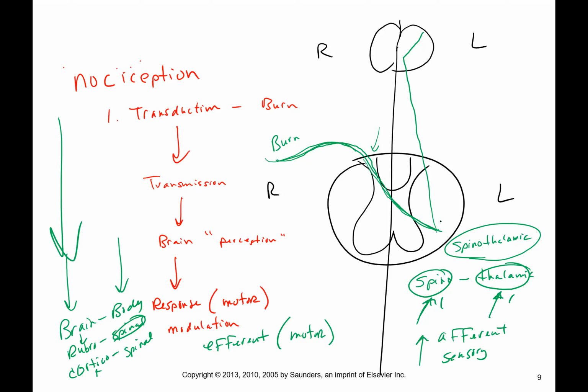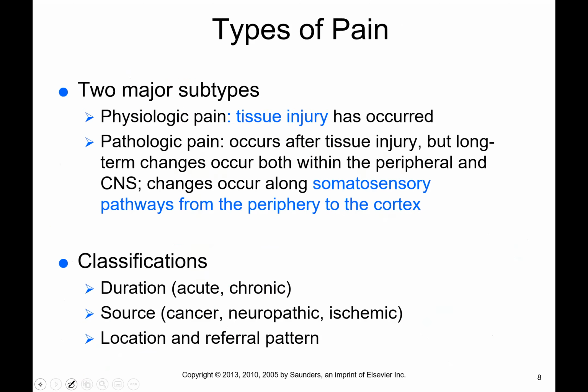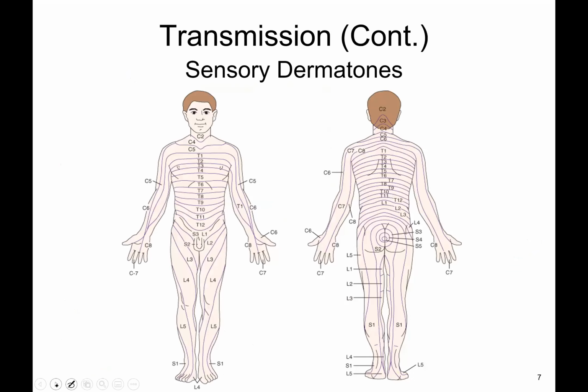Then it continues through this wire system, the nervous system, up the spinal cord, and eventually to the appropriate part of the brain. Here are some of those levels we're talking about.